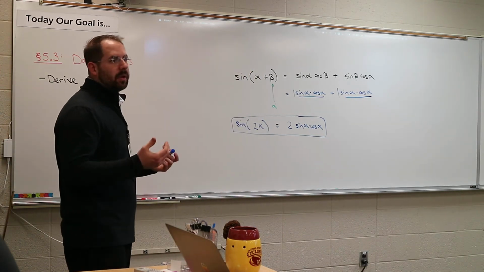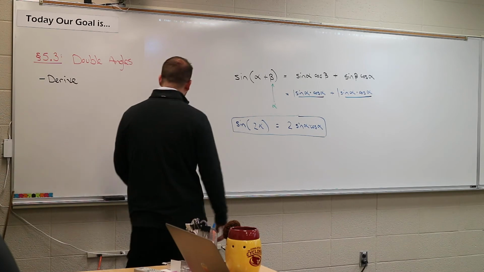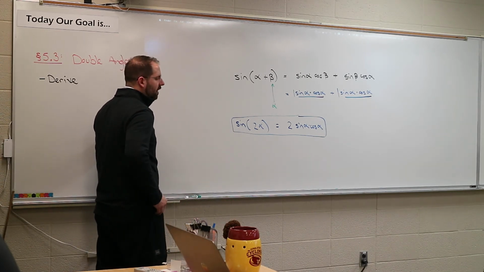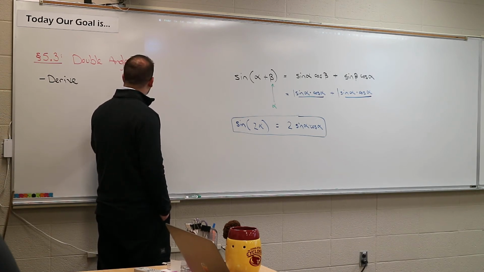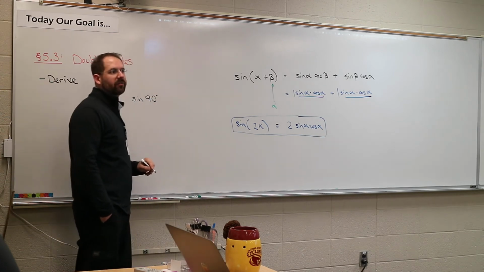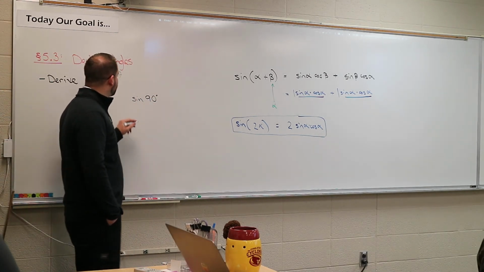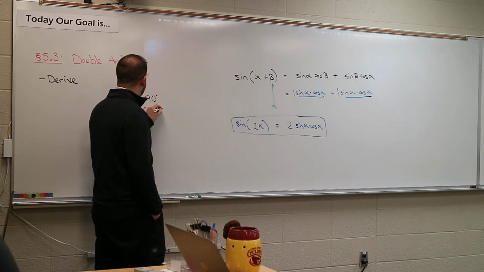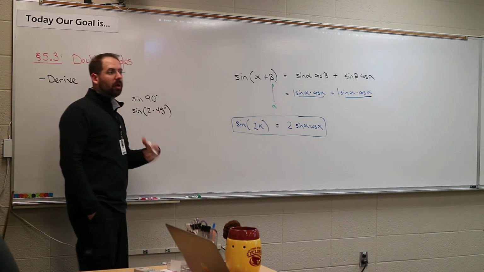Now, why would we actually do this? Let's say we're doing a double angle. I'll make one up: sine of 90. I know that we could use a unit circle and rattle that off. But what this actually stands for is sine of 2 times 45 degrees. It's a double of 45.